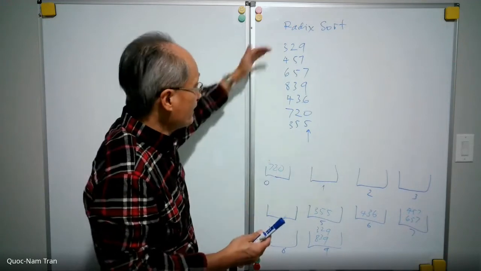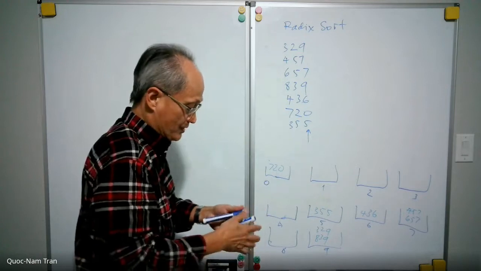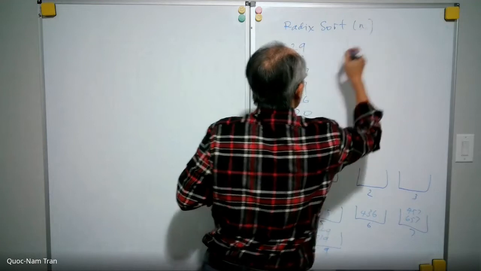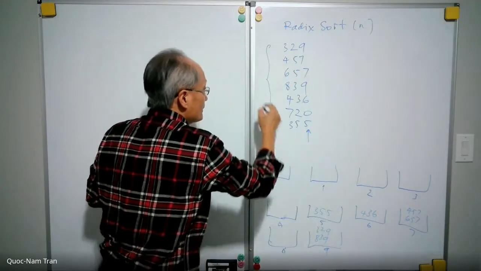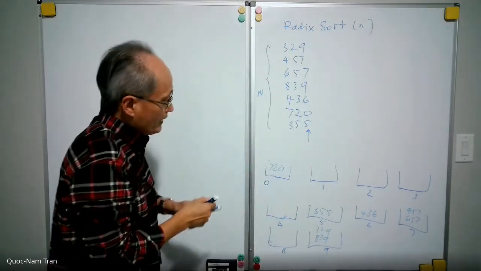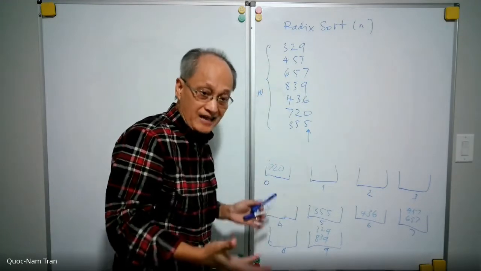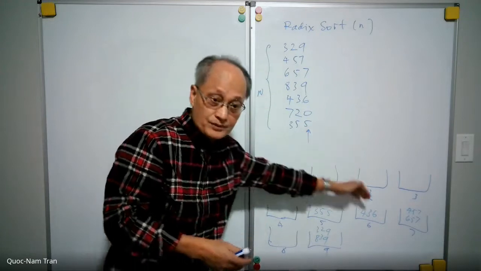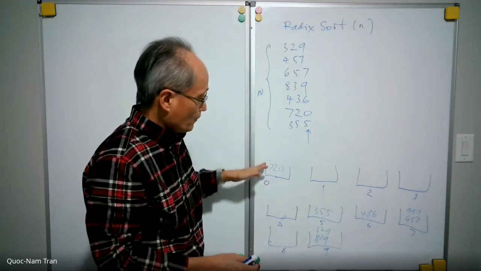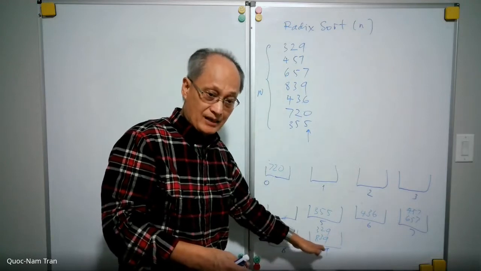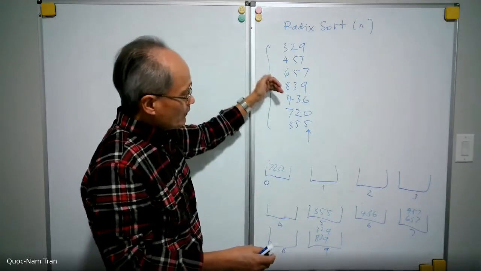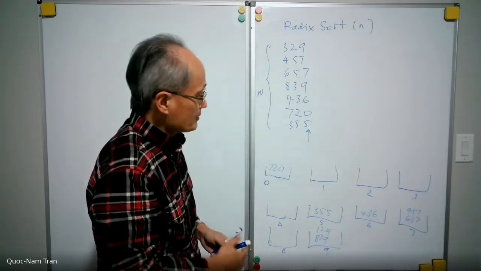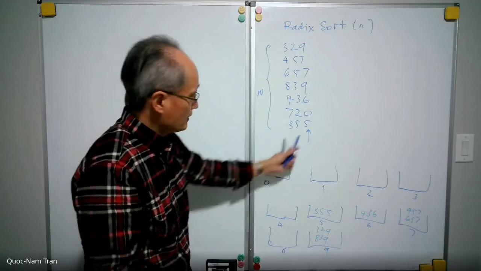So if we have n numbers, then this step will take n steps, right? Because we simply go here, push it, push it, push it. We have 10 buckets, and every time we push it, it takes one step. Okay, so that's it for the first digit.